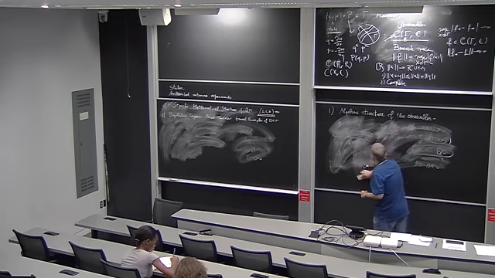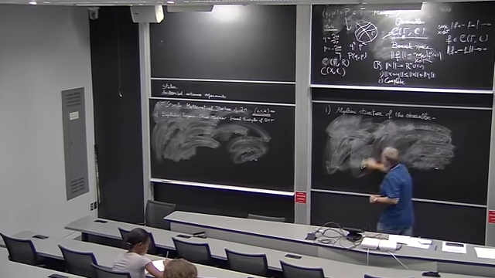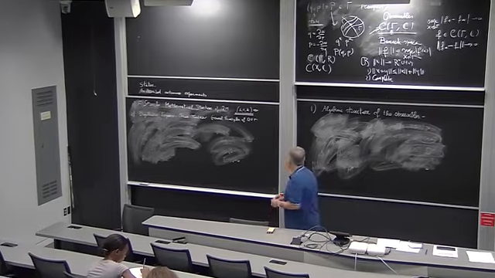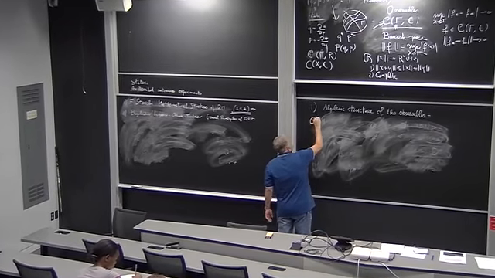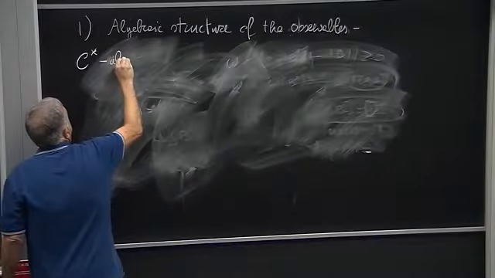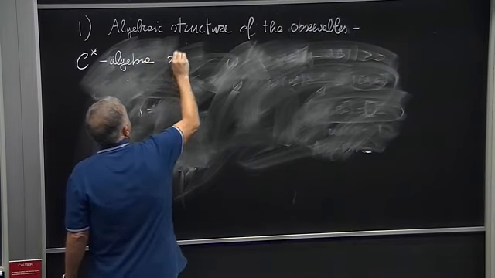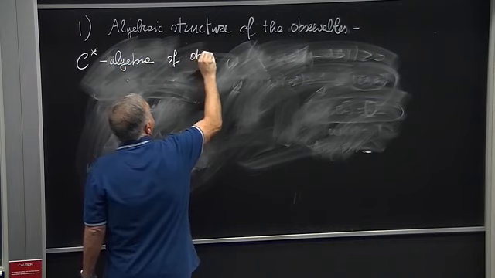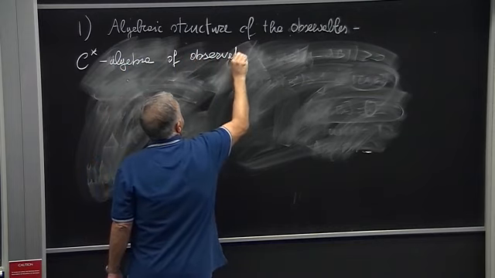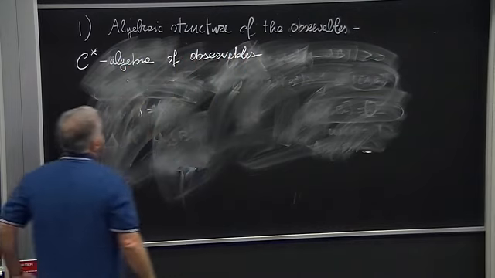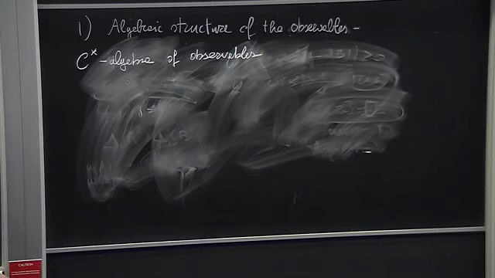So what we retain is that we can still think in C-star algebraic terms, but now you renounce the commutativity of the algebra. You think that the algebra is non-abelian.